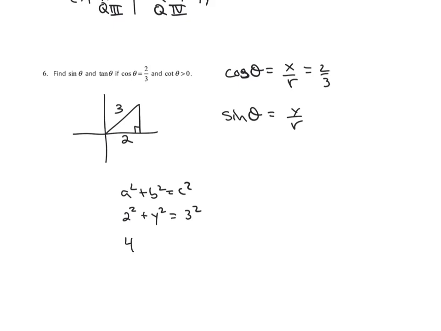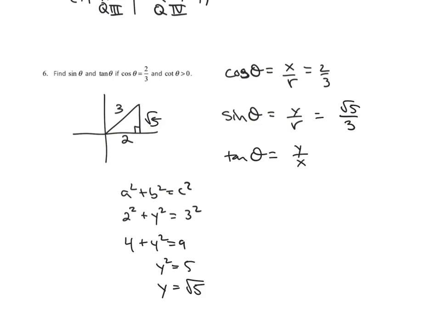And 4 plus y squared equals 9, y squared equals 5, and y would be the square root of 5. So sine theta would be y over r, which is the square root of 5 over 3, and tangent theta is y over x, which would be the square root of 5 over 2.